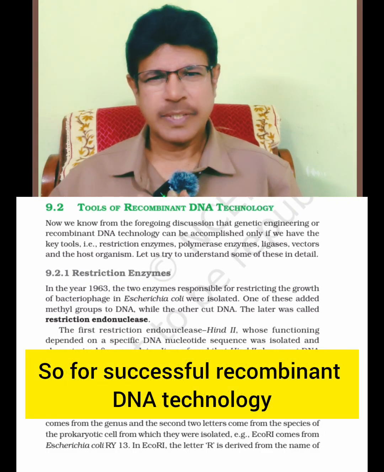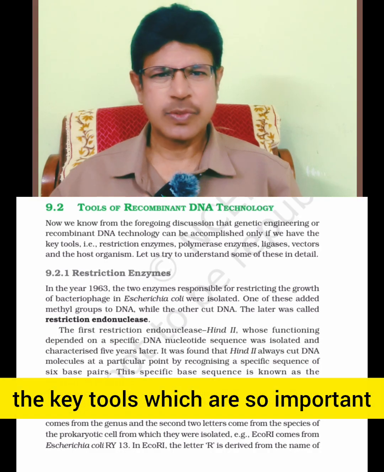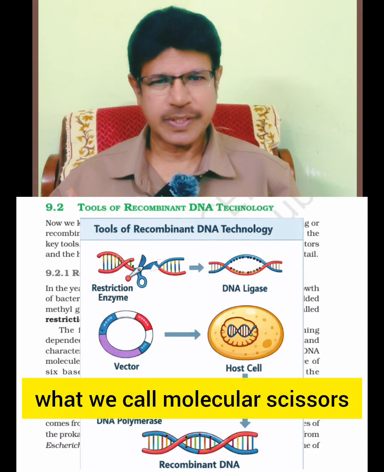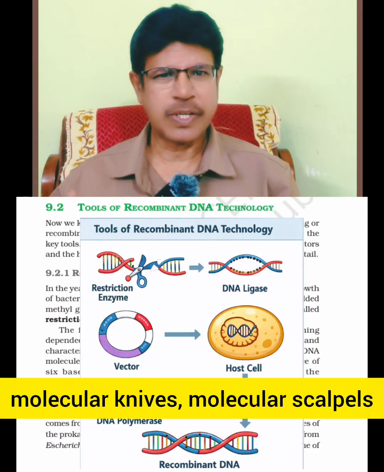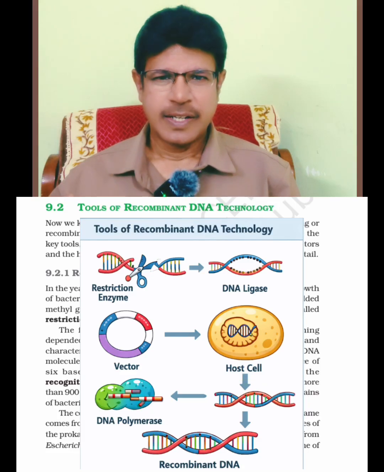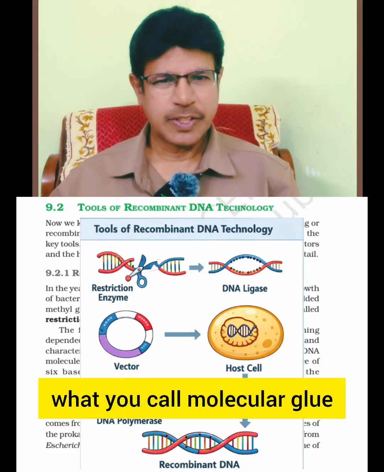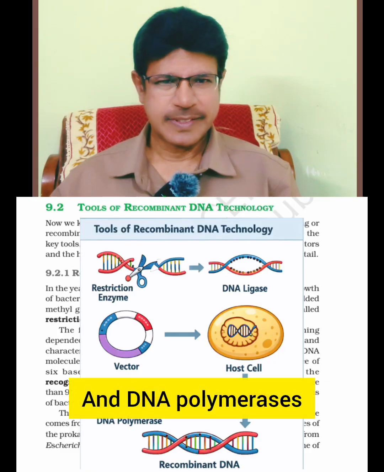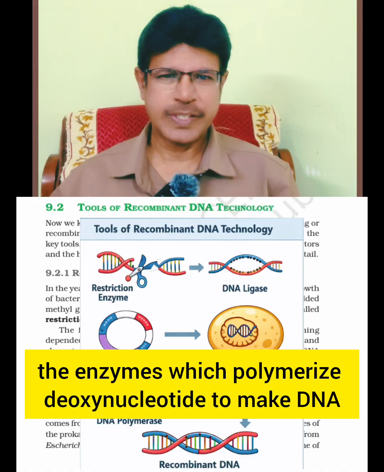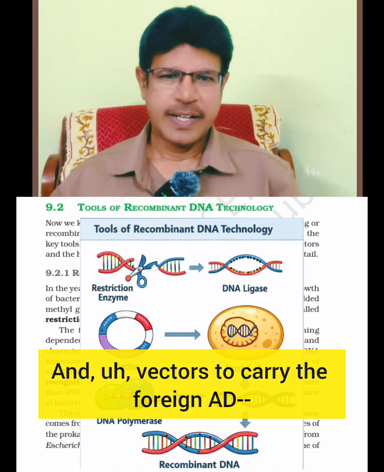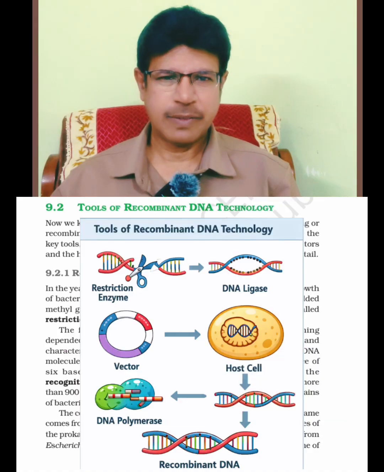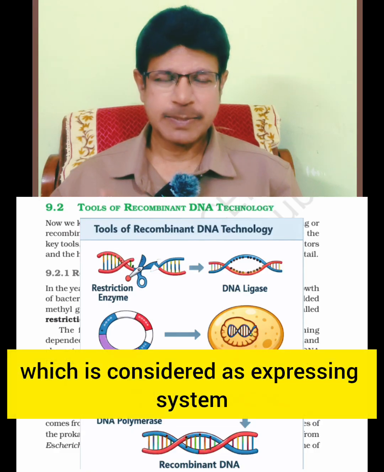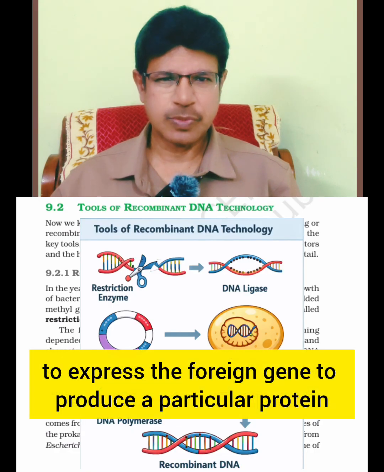For successful recombinant DNA technology, the key tools which are so important: restriction endonucleases, what we call molecular scissors, molecular knives, molecular scalpels, and DNA ligase, what we call molecular glue or molecular stitches, and DNA polymerases, the enzymes which polymerize deoxynucleotides to make DNA, and vectors to carry the foreign DNA to the host cell, and finally the host cell, which is considered as the expressing system to express the foreign gene to produce a particular protein.